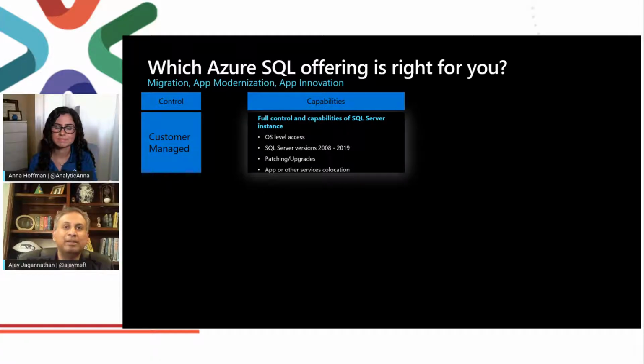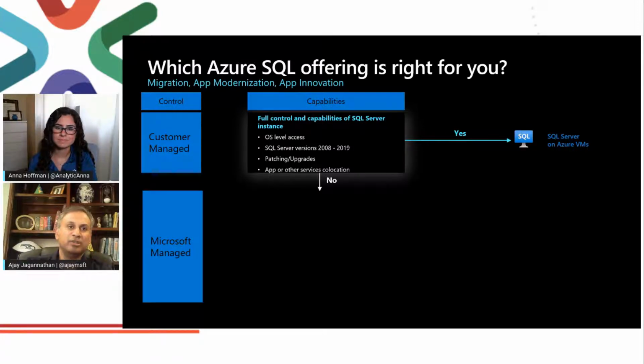You want all the capabilities of SQL Server and the operating system with the option to pick the specific version of the OS as well as the specific version of SQL and manage your own patching and upgrade schedule, set up your HADR story, backup strategy, etc. Plus also leverage all the other capabilities outside of the SQL Server database engine, such as BI and other services and applications running in that environment. Then your decision is pretty straightforward. You would just go to SQL Server on Azure VMs, as we discussed earlier.